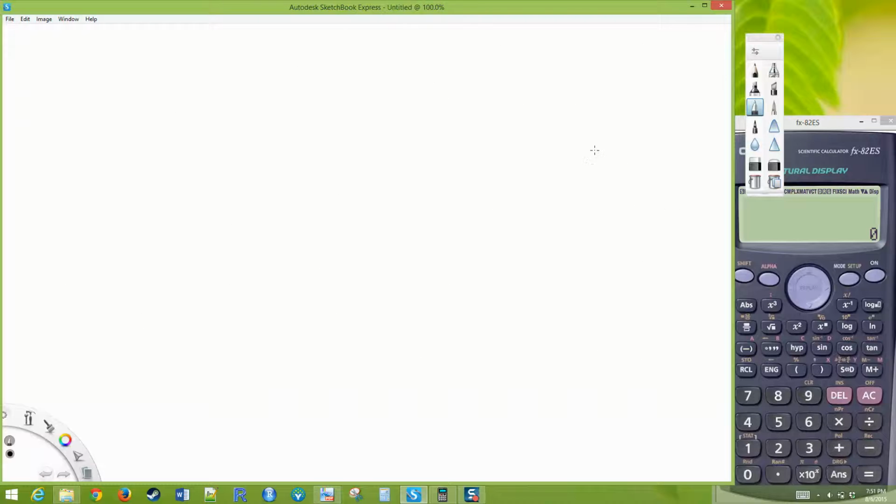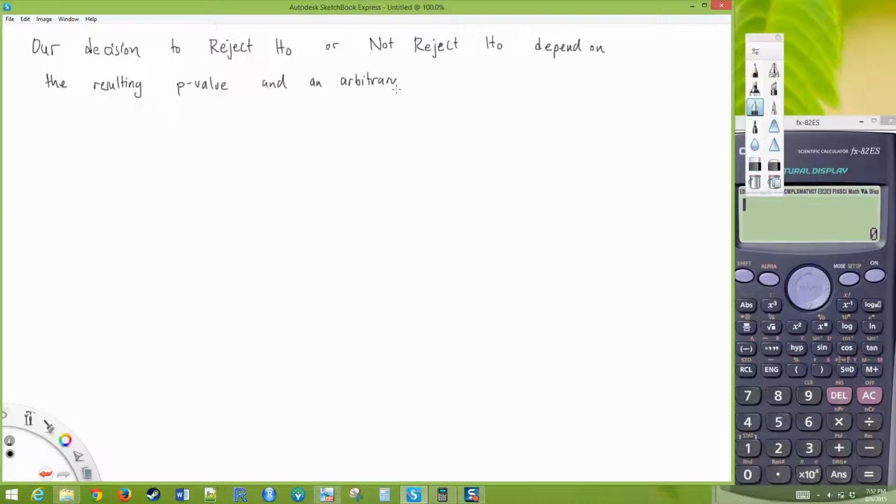All right, so let's talk about this significance value. Our decision to reject the null or not reject the null, these are the only two conclusions we can make, depends on the resulting p-value and kind of an arbitrary line in the sand, which we call a significance level.